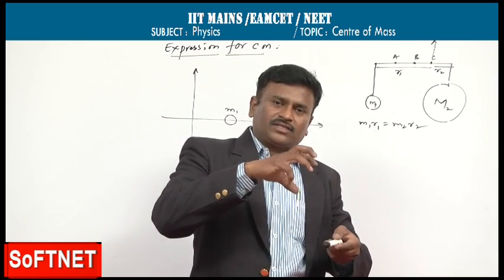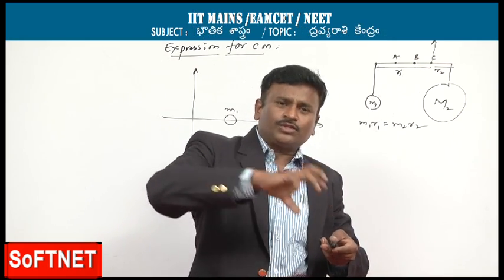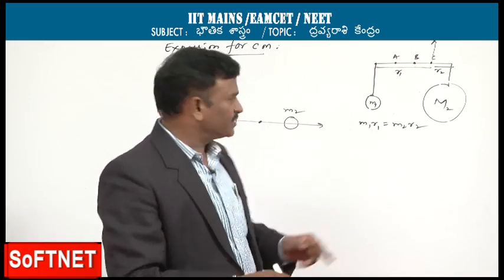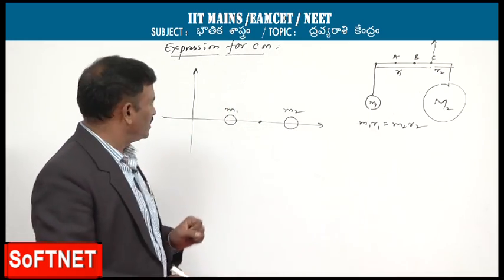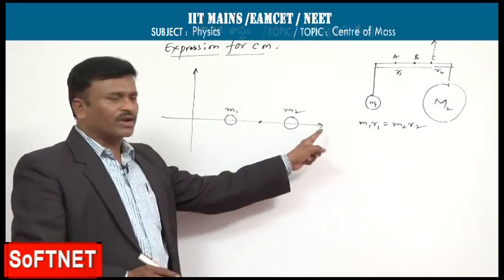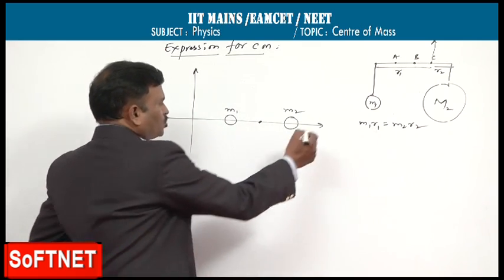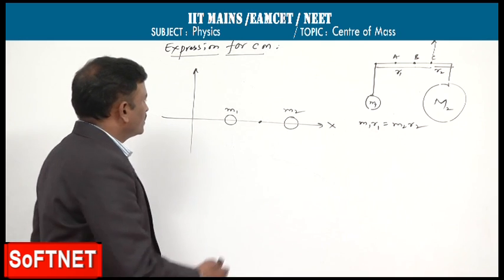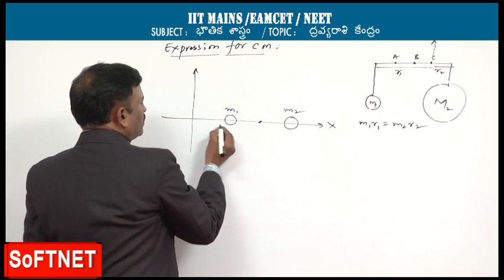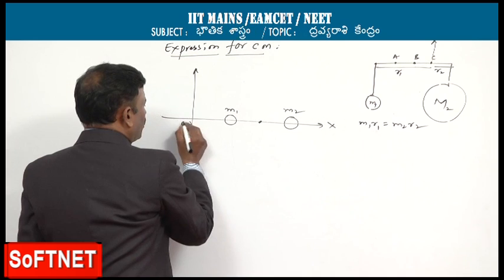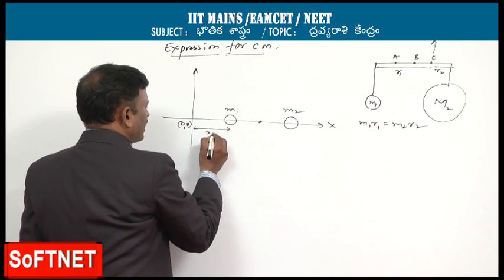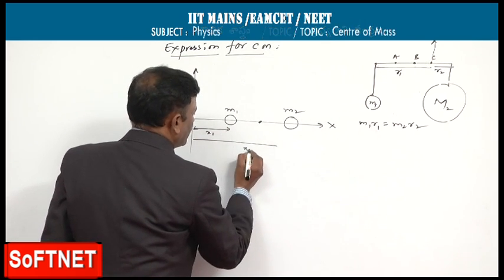For that rod, two spheres are fixed along the x axis. Assume the rod is massless. Here we assume that it is the x axis. The mass is M1, here the mass is M2, and the position from the origin is x1, and from here to here x2.